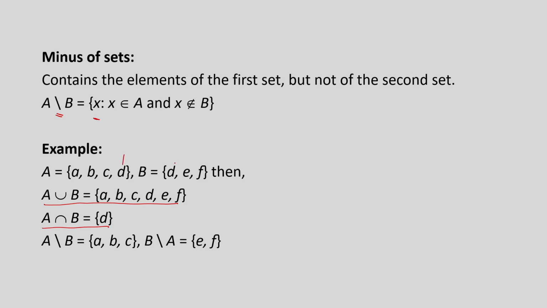Yes, there is this d which is common to both the sets. And then we talk about A minus B. Okay. So, here I am just going to take out that element of A which is there in B, which is d. So, if I take that out, I get a, b, c, and B minus A. So, here I am going to take out that element of B which is there in A, which is d, and so the elements that I am left with are only e and f. Okay.